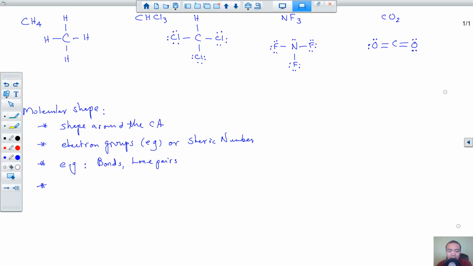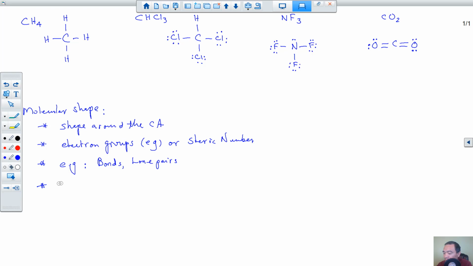So remember, it doesn't matter if it's a single bond, a double bond, or a triple bond. They are all considered as one bond. When we count the number of electron groups, they will be considered as one electron group, so the steric number for one bond will be 1.